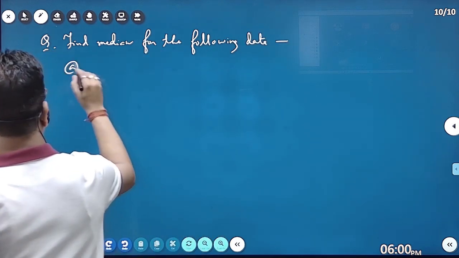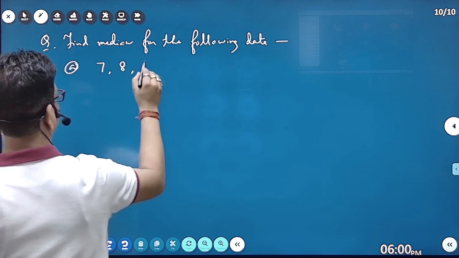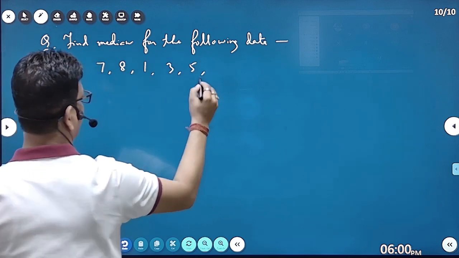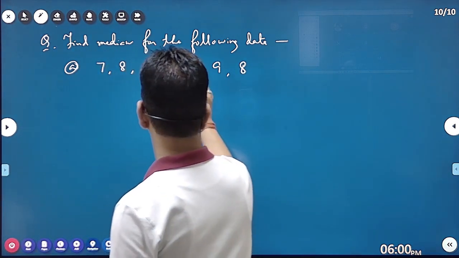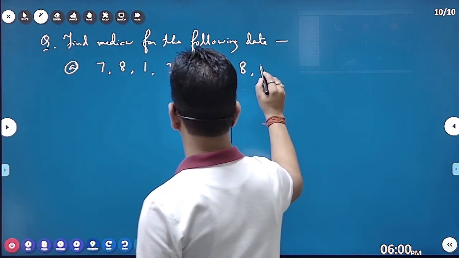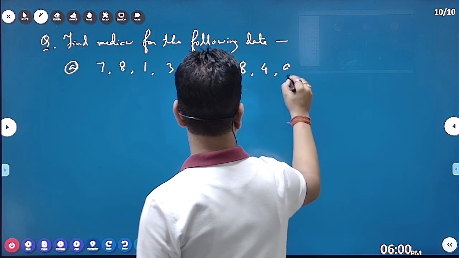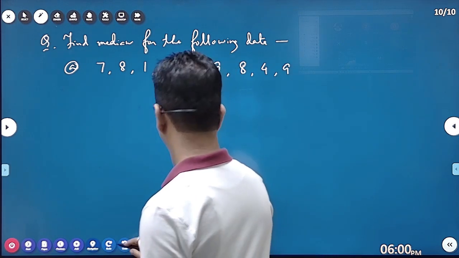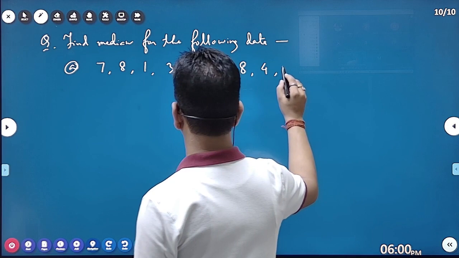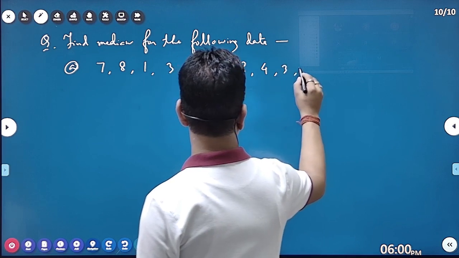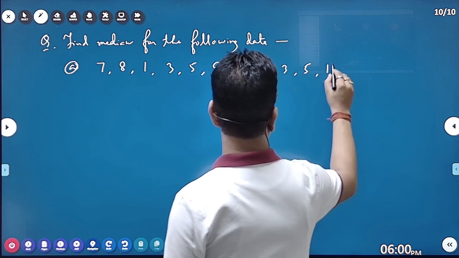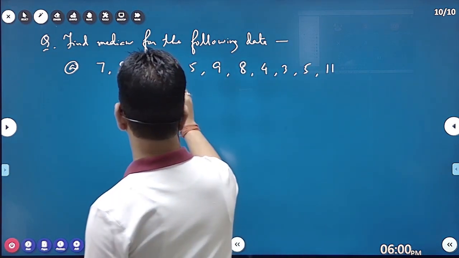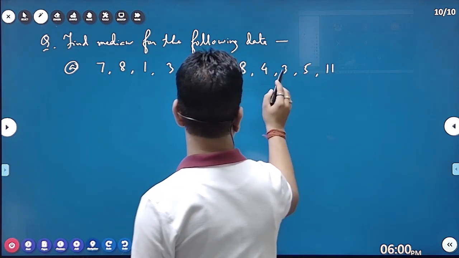This is your example 1, an easy one. I am going to take some numbers, 5 suppose, and suppose 11. So there are 1, 2, 3, 4, 5, 6, 7, 8, 9, 10, 11.